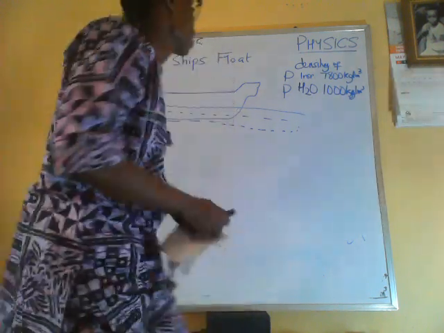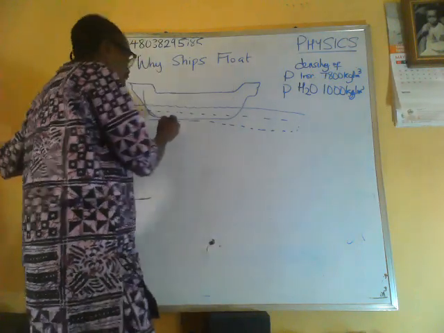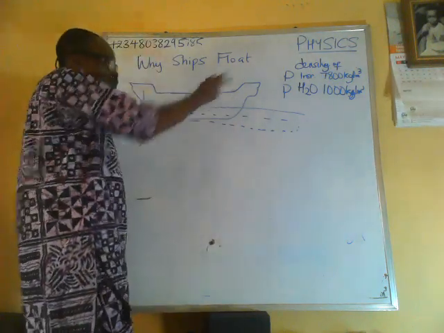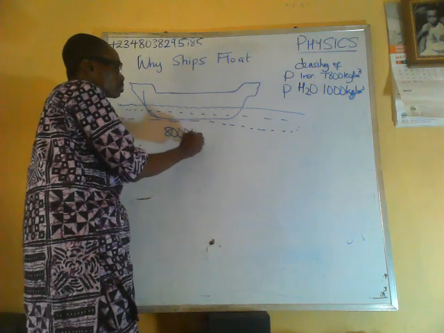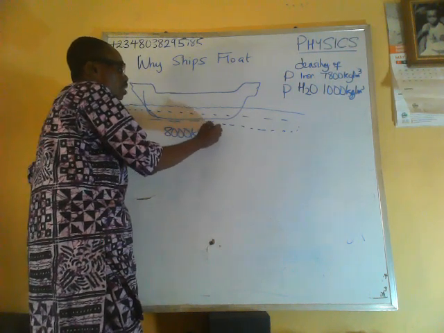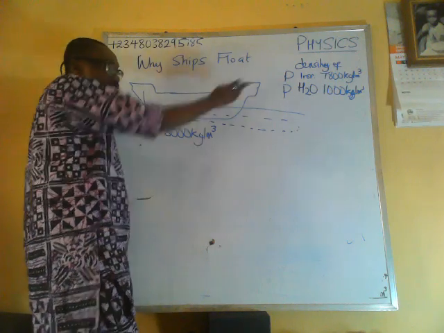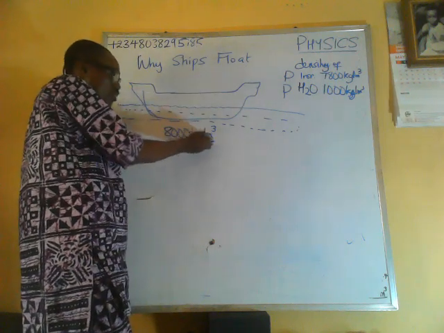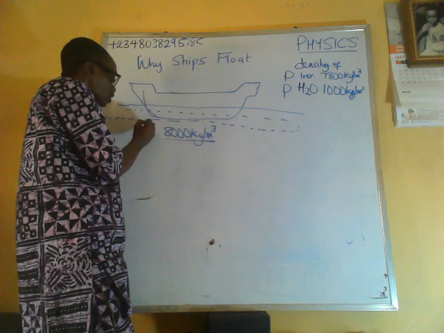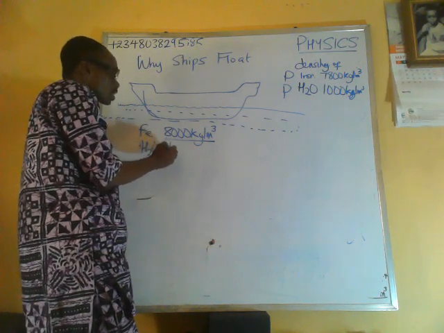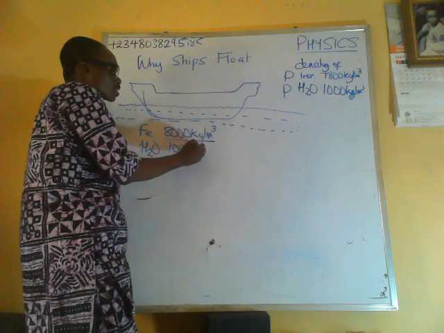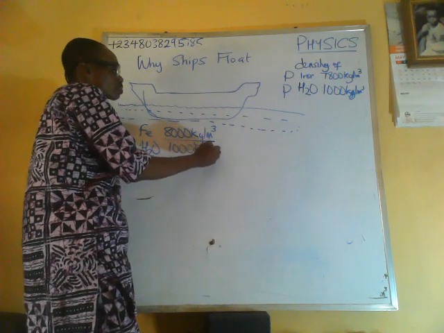Let's take for instance, the density of iron is approximately 8,000 kilogram per cubic meter. It's 7,800, but let's just approximate it to 8,000. This is iron. Then that of water is 1,000 kilogram per meter cube.